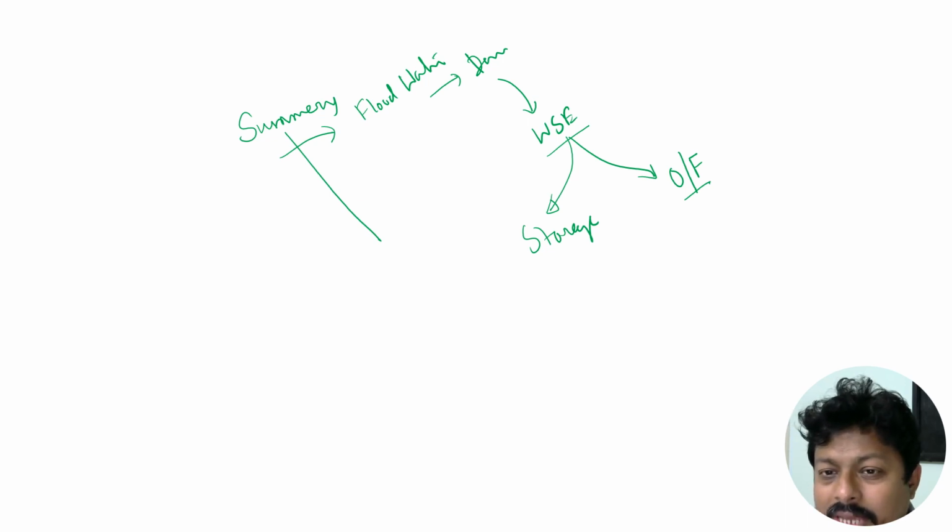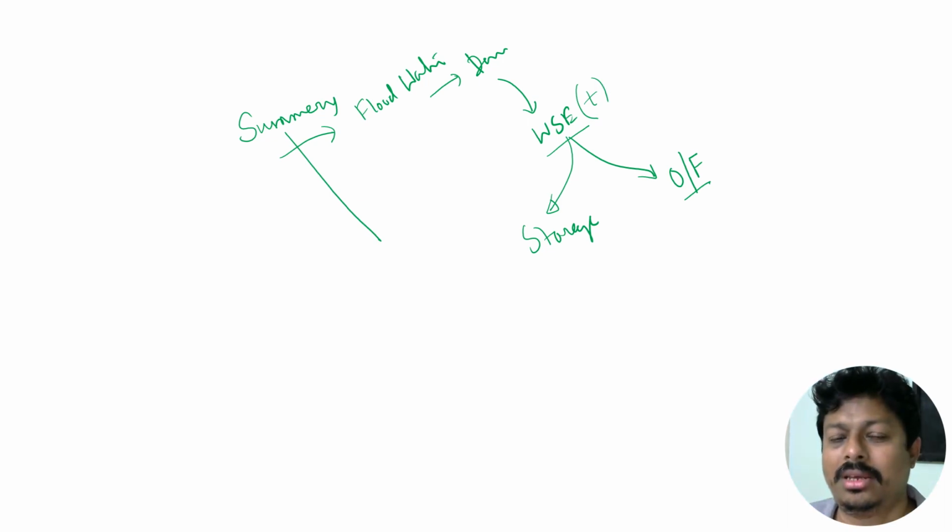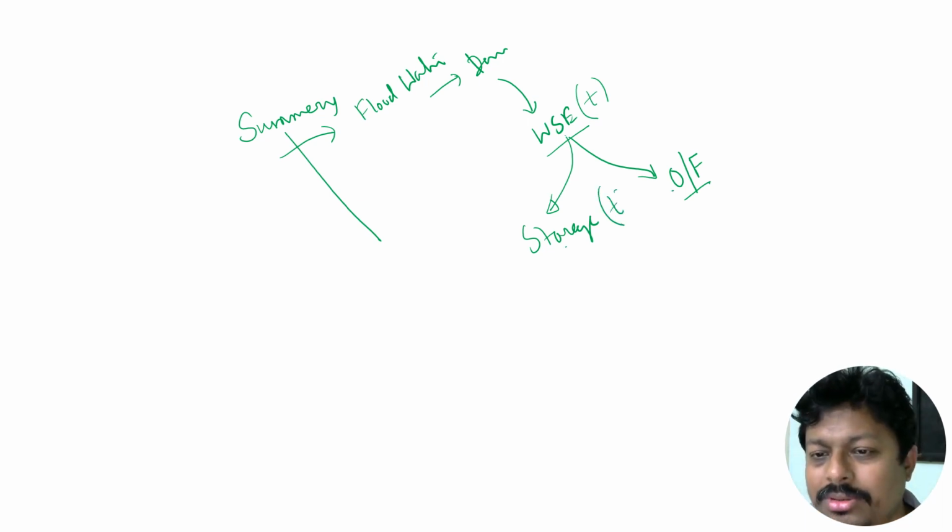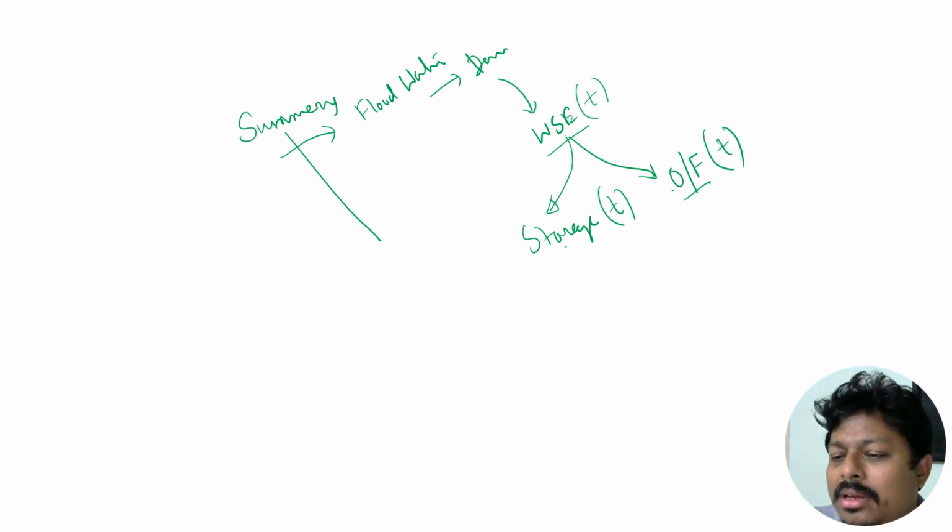So that is why they are saying water surface elevation is also a dynamic variable. Now, water surface elevation is a function of storage and of outflow. So the storage is also time dependent, outflow is also time dependent. So now the main aim is to find the output or outflow hydrograph from that dam.